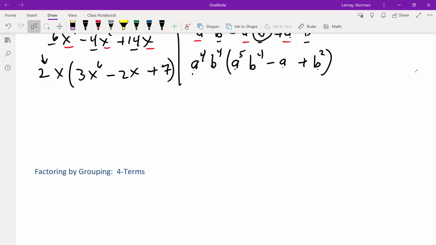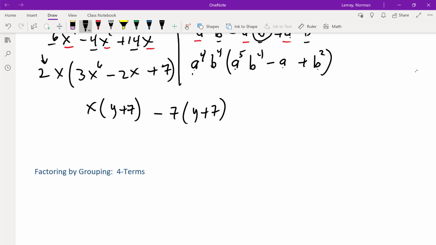And for my final example, I'm factoring the greatest common factor. Let's take a look at x, and then this grouping y plus 7, minus 7, y plus 7. Okay.